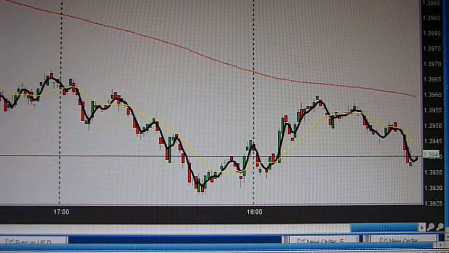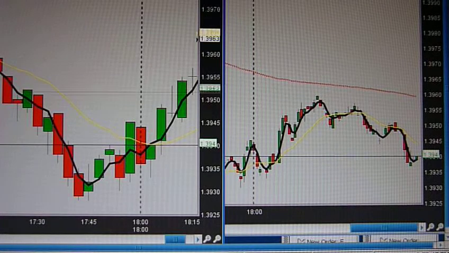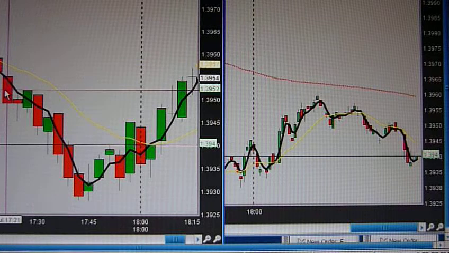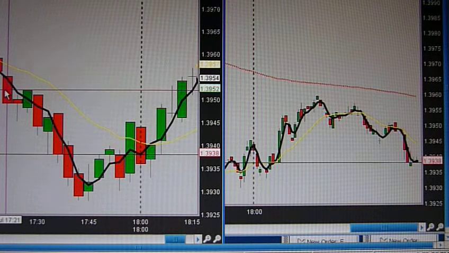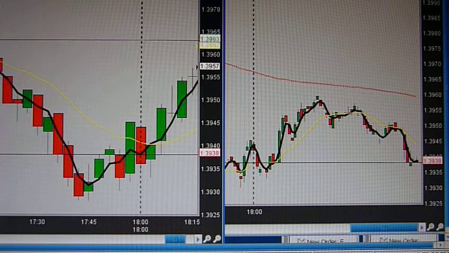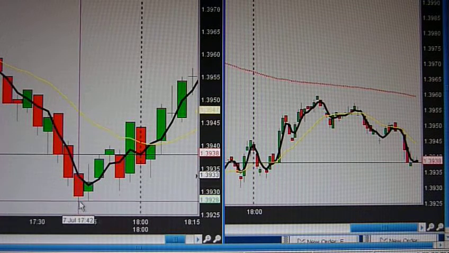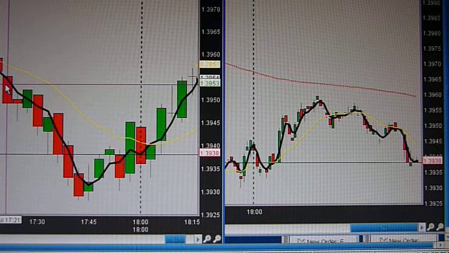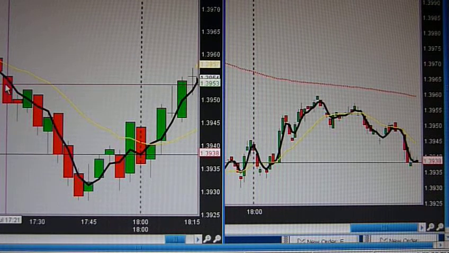Now if I was to put up a 3 minute, again between 5 and 6, each one of those represents data for 3 minutes. If you choose to trade a 3 minute, you obviously work out a method or a way of trading given the signal from the data that's being fed.